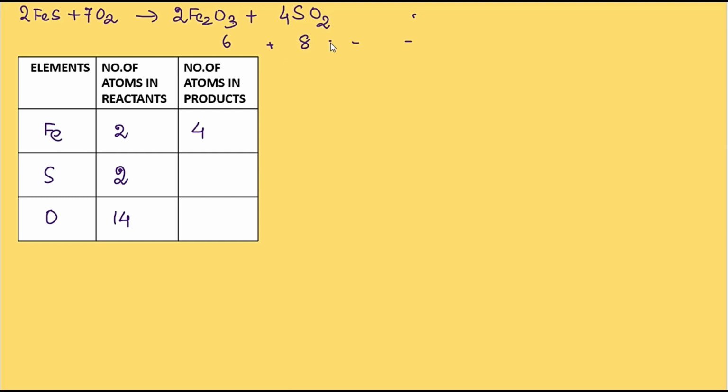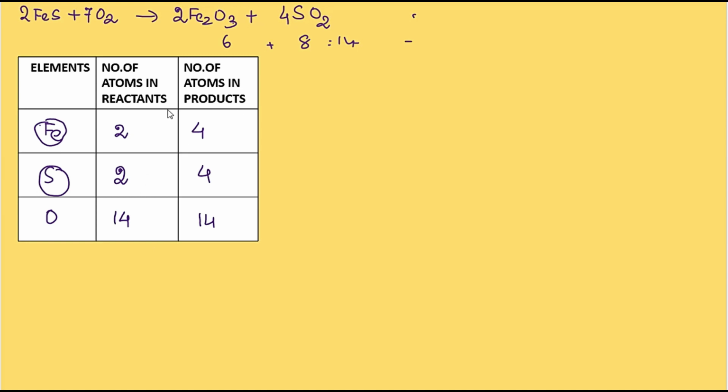So 6 plus 8 becomes 14. So oxygen becomes 14 here, and sulfur is 4 over here. Okay, so there is a mismatch again in the iron atoms and the sulfur atoms, but it is way easier because 4 is a multiple of 2, isn't it?